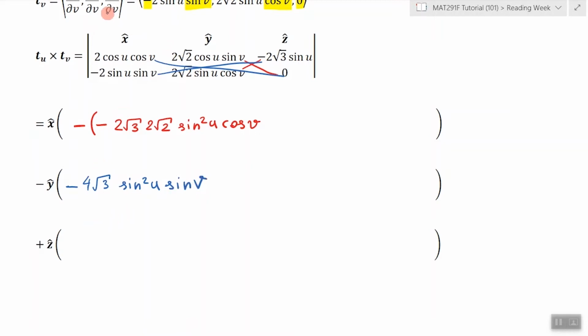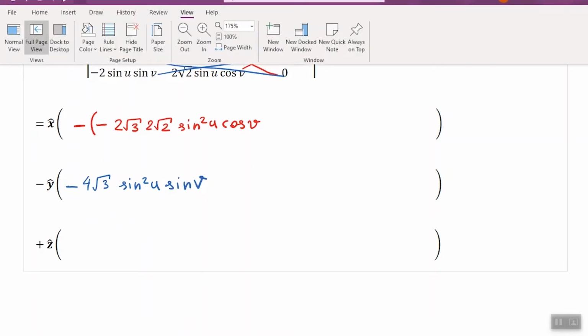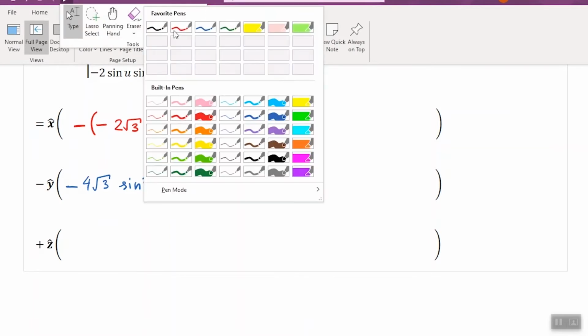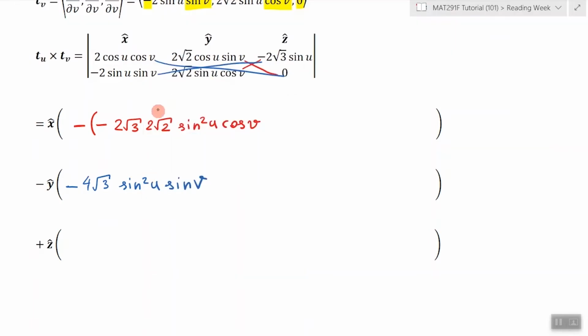For the z component, we get the following. We get 4 square root of 2 sine u cosine u, then we get cosine squared v.